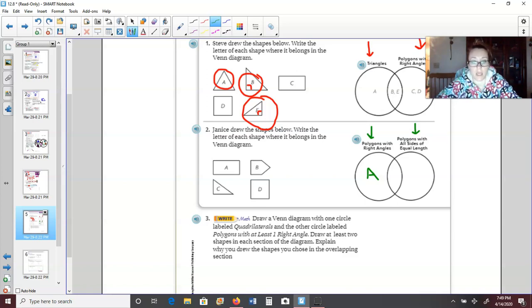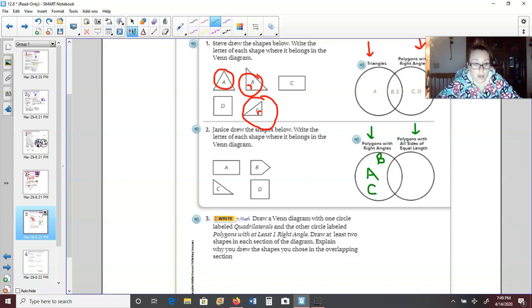Let's go with B. B has right angles, but does it have all equal sides? No. So B only goes on this side of the Venn diagram. C. C has a right angle. Does it have all equal sides?